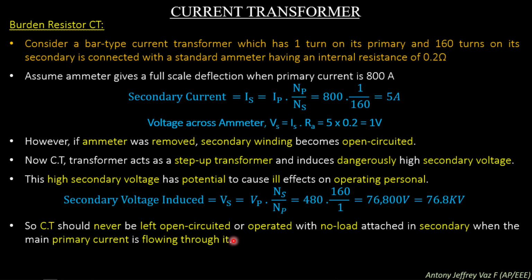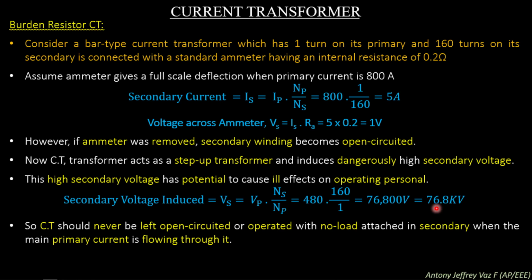If you try to, it will kill you at once, because a very high dangerous voltage of 76.8 kilovolt is produced in our case. This much voltage will easily affect the person and kill the person at once.